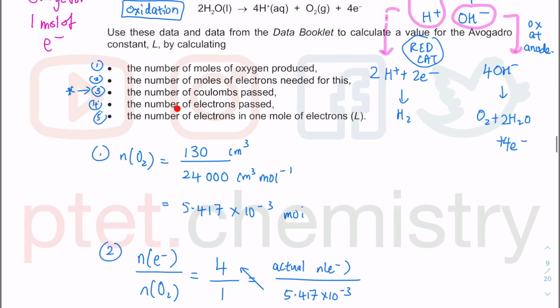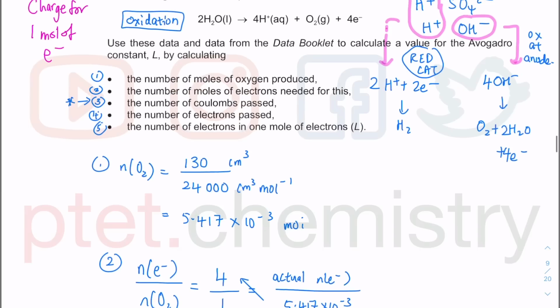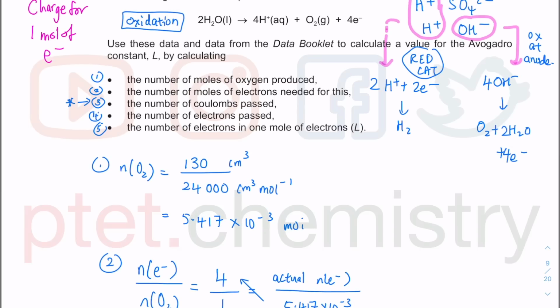What's the next thing that they want? The number of electrons passed. If you look at the data booklet, of course, you'll be given this data in the question for the new syllabus. So we know that this charge, 2160 coulomb, is for 0.021668 mole of electrons. What are we trying to find actually? We want to find the number of electrons that are passed.